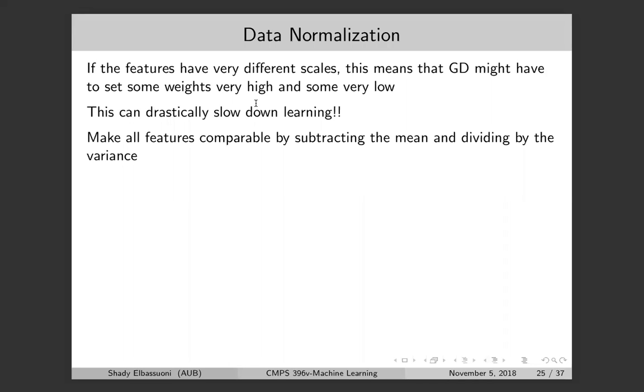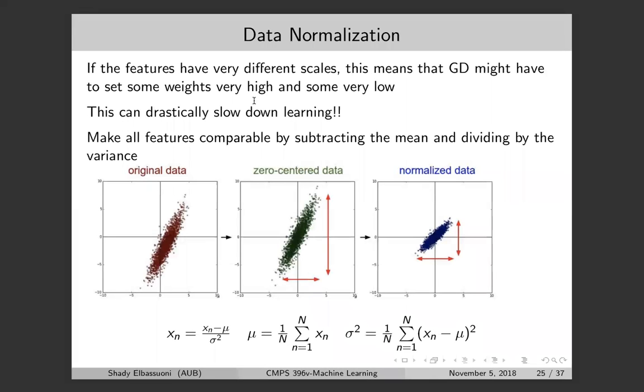By subtracting the mean and dividing by the variance. What do I mean by this? Here's the original data, on this graph on the left. First I center the data, zero center it, by subtracting the mean.